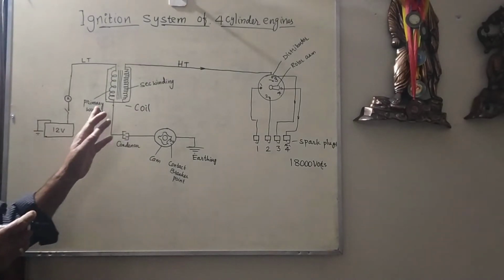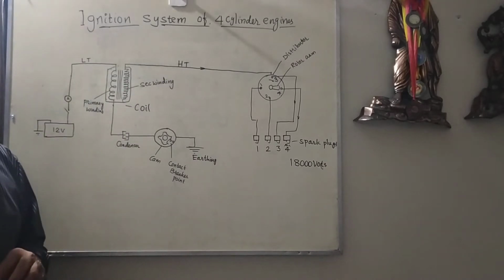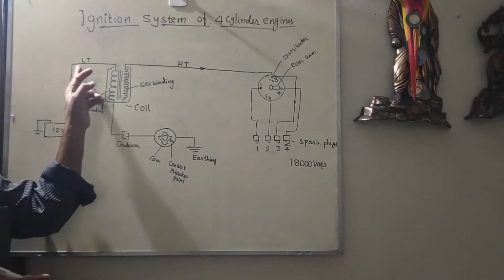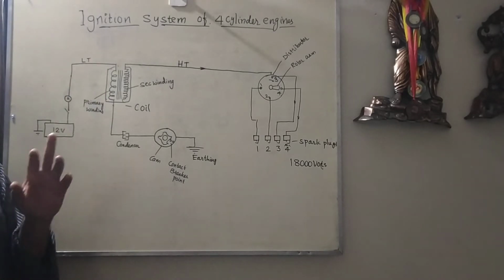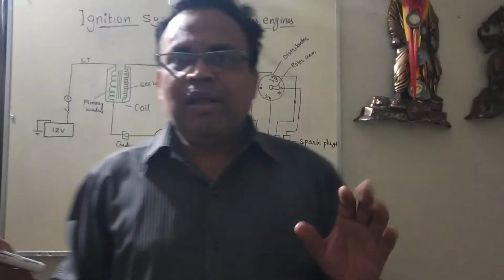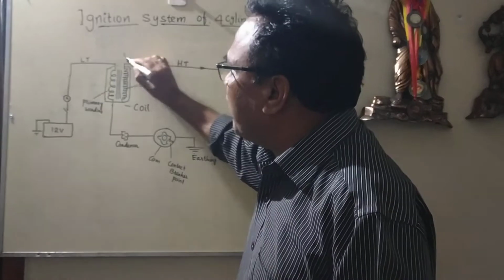The ignition coil consists of two windings, one primary and one secondary. The primary winding is connected to the LT circuit, called low tension, because the current flowing is just 12 volts. The ratio between primary and secondary is 1:1100.